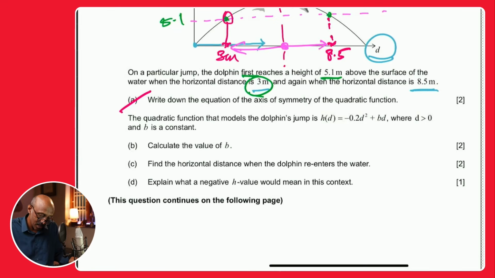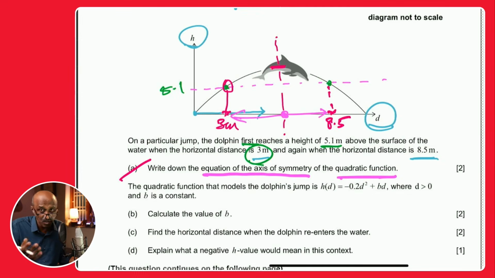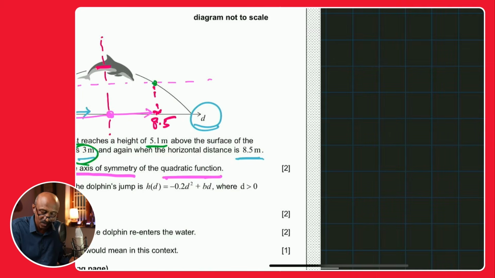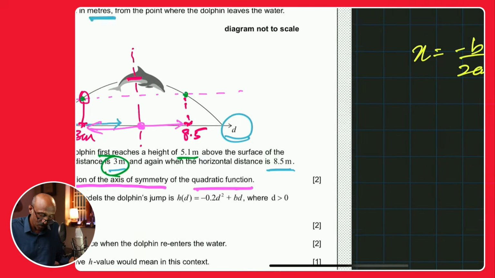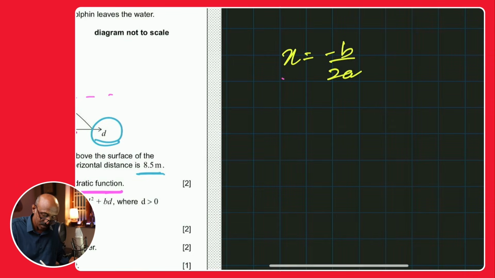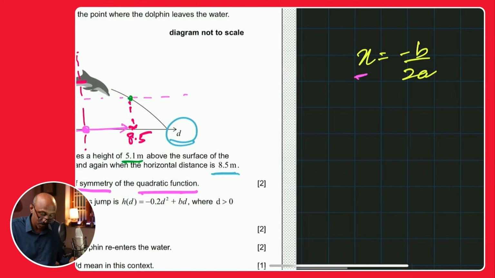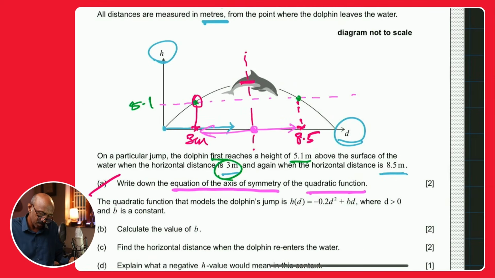The question says write down the equation of the axis of symmetry of the quadratic function. Normally, I'm not really sure about the formula booklet, but I think you're aware that the equation of the axis of symmetry is x equals negative b over 2a. By the way, this is in terms of x. Remember, you've got to write this in terms of d.